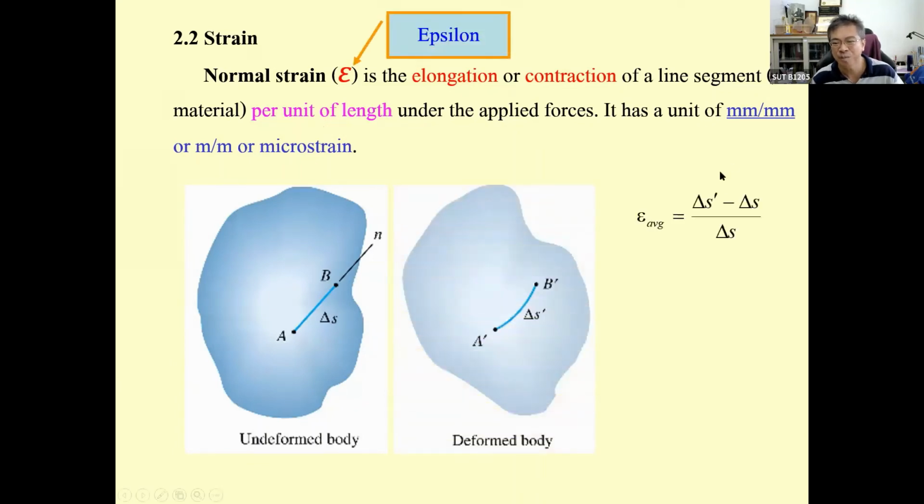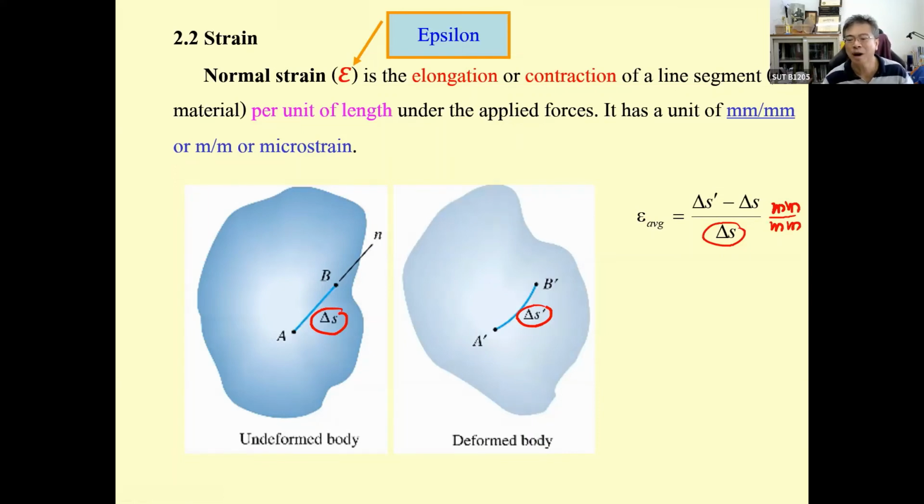So you measure the final length, subtract the original length, and then divide by the original length. So you get the normal strain. The unit is usually millimeter by millimeter, because the deformation is usually very small.